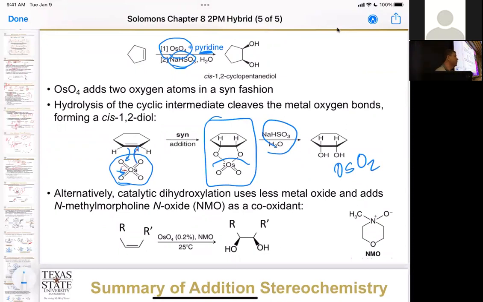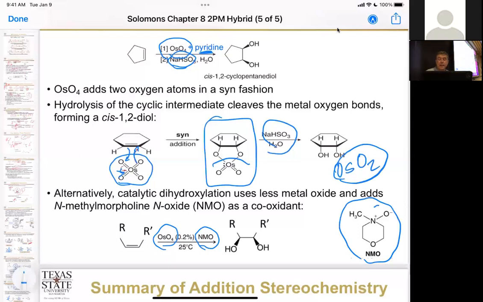And so what you can do is trick it. The way you trick it is you use N-methylmorpholine N-oxide, which is this compound over here. So we can use a catalytic amount of osmium tetroxide. It's going to go through the reaction once and then kick out osmium dioxide.